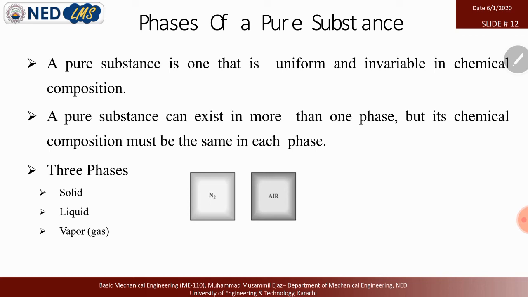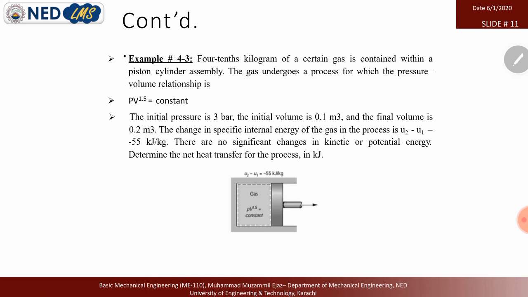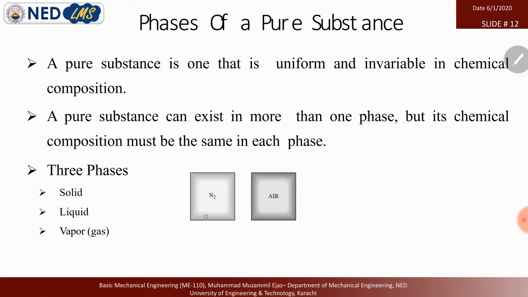And even for the composition, like shown here, it is nitrogen. Here in the nitrogen, the composition is only nitrogen, and it doesn't have any other formula or other element in it.